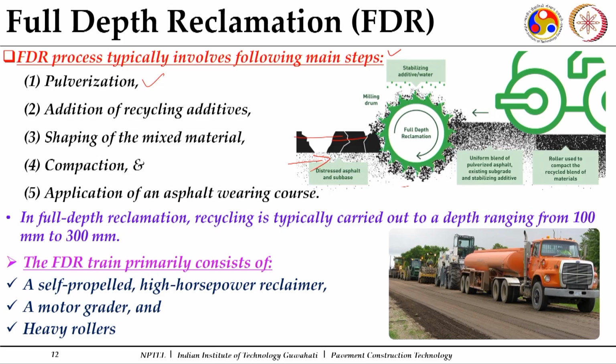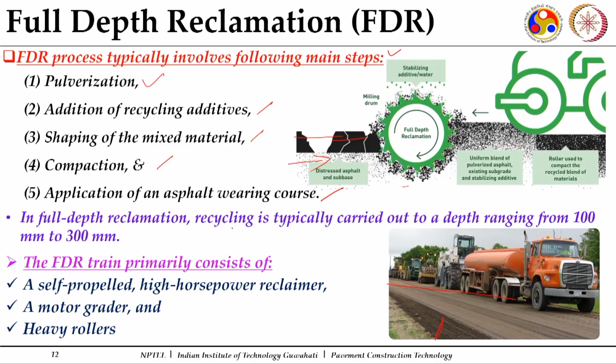So, pulverization, to break down the material to the required sizes, addition of recycling additives, shaping of the mixed material, it has to be brought to the profile and the camber, compaction, and on the top you need to go for an asphalt wearing course. This is the usual process, and here you can see a set of equipment working, and finally you are coming up with this stabilized base course.